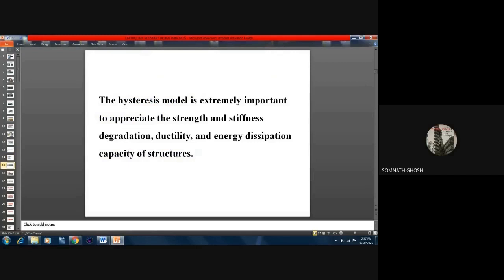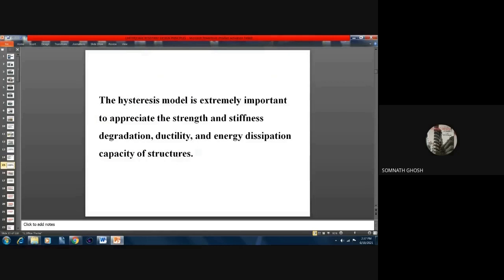Now, the hysteresis model is extremely important to appreciate the strength and stiffness degradation, ductility, and energy dissipation capacity of the structure. You heard about all these things in physics.